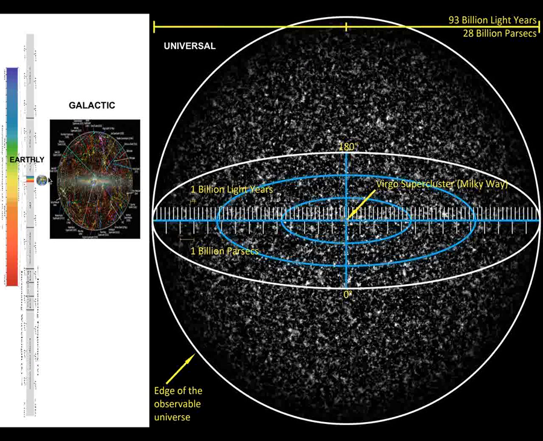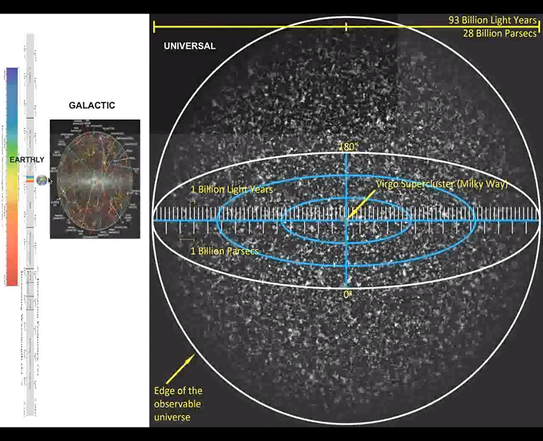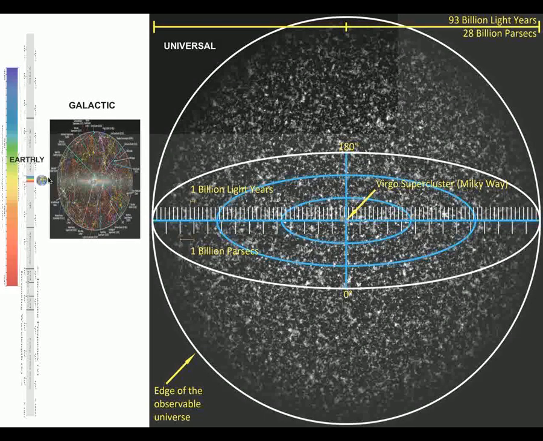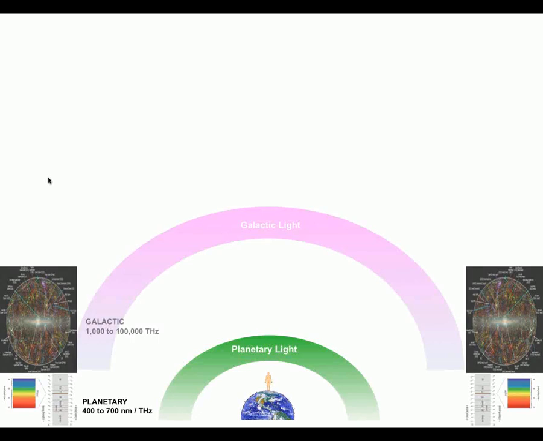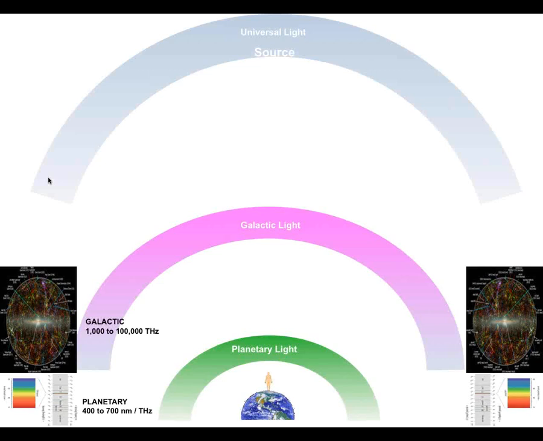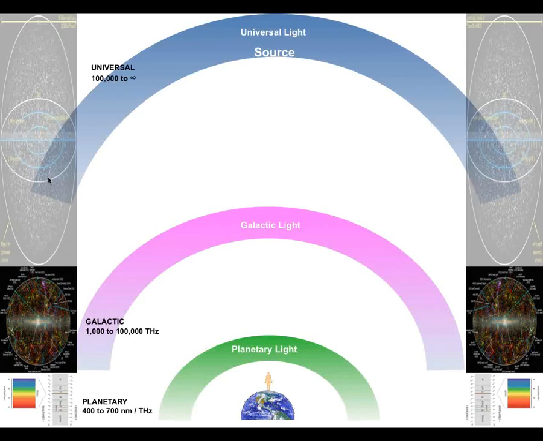So if we look at it from our perspective or from a different perspective, here we are on the Earth, and we know that the galactic spectrum, the universal spectrum, are continuing on and on and on, right? But we can only see this tiny, tiny little piece, you see?